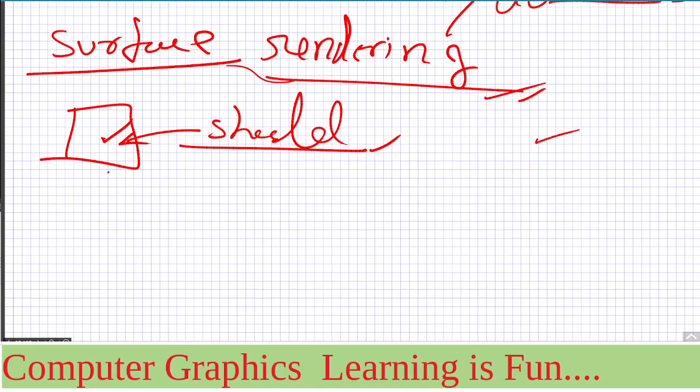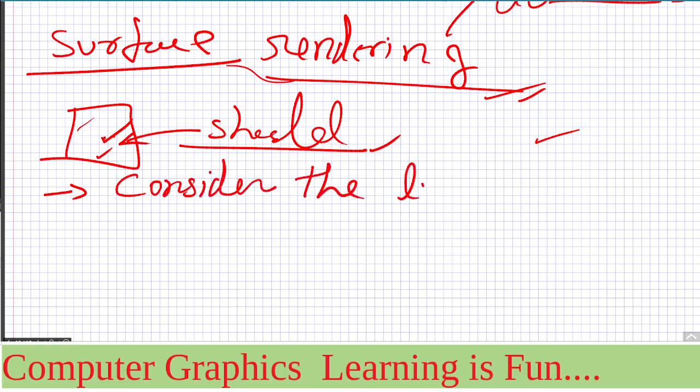How is it possible? While shading, you are not assigning the same color to all the pixels on this particular surface. What you are doing is, you consider the lighting conditions as well.